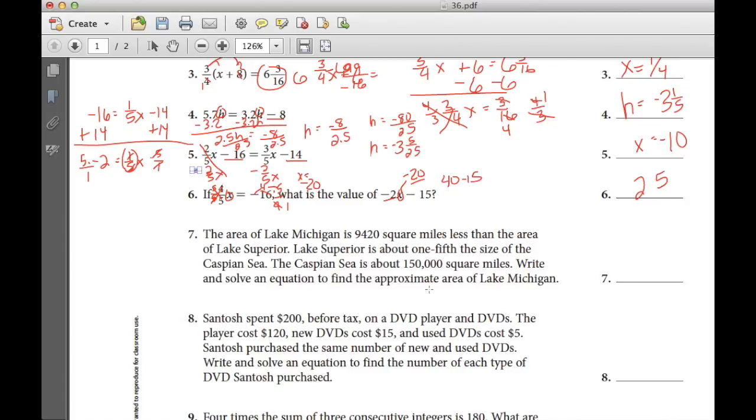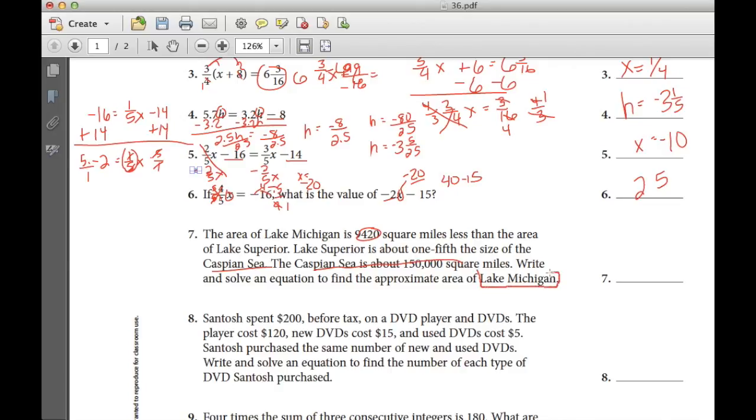For number 7, the area of Lake Michigan is 9,420 square miles less than the area of Lake Superior. Lake Superior is about 1/5 the size of the Caspian Sea. The Caspian Sea is 150,000 square miles. Write and solve an equation to find the approximate area of Lake Michigan.